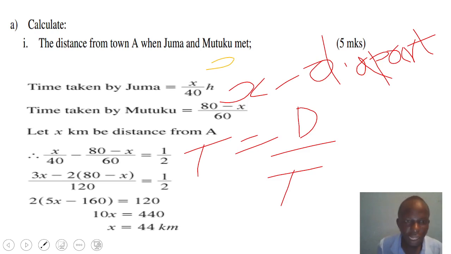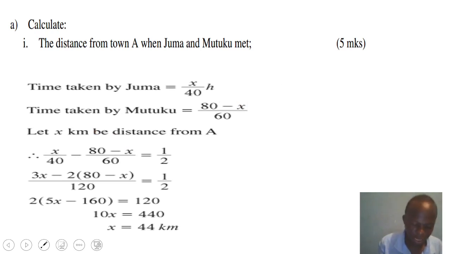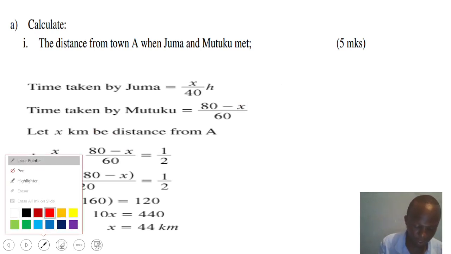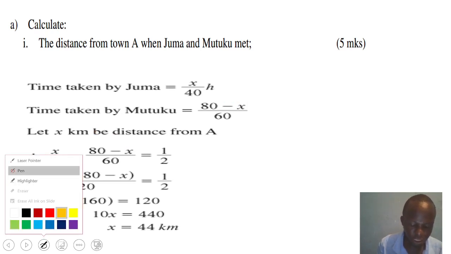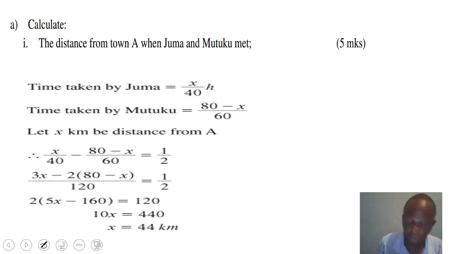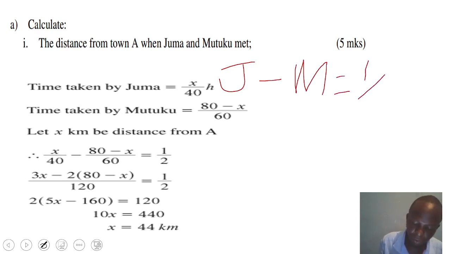Now, maybe we can show another relationship here, very important. It is Juma who started earlier, then Mutuku came later. So the time of Juma minus the time of Mutuku is equal to half an hour. These are the times.